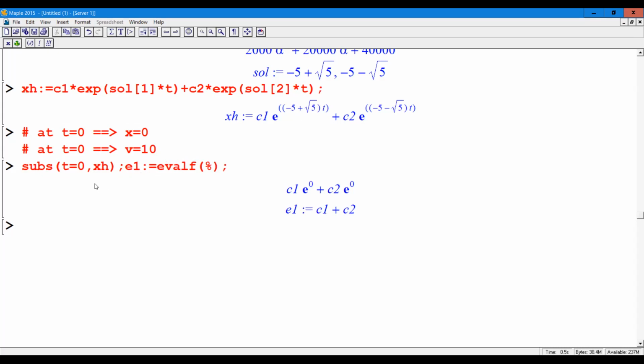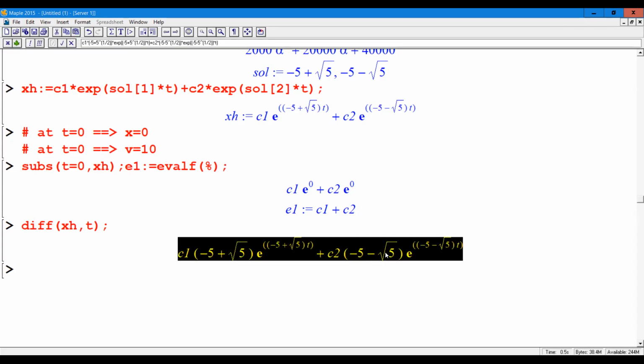For the second initial condition, we need to calculate the derivative of xh with respect to time. If you calculate the derivative of xh, or x dot, it will be C1 times alpha 1 times exponential alpha 1 t plus C2 times alpha 2 times exponential alpha 2 t.